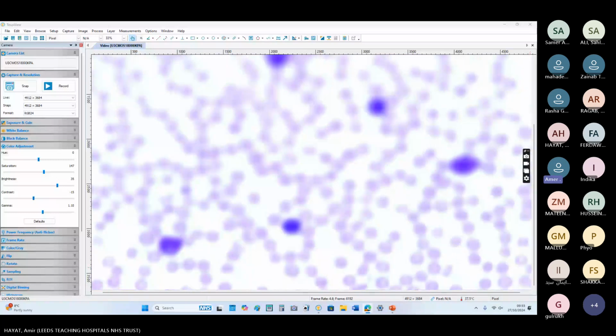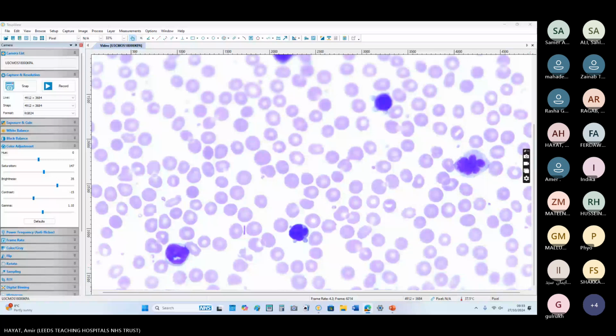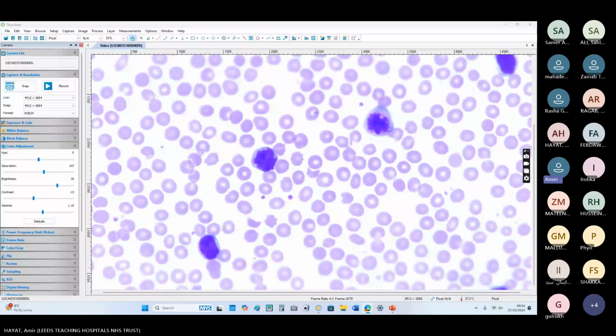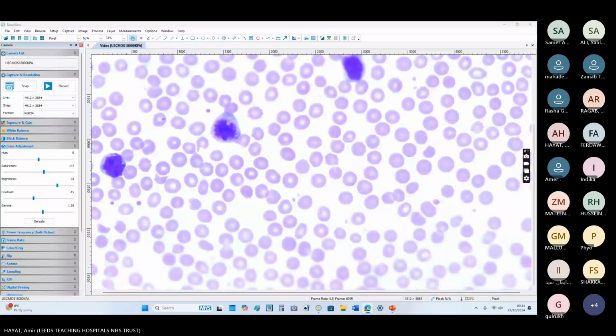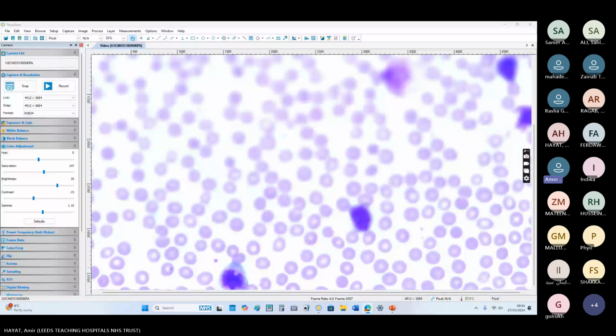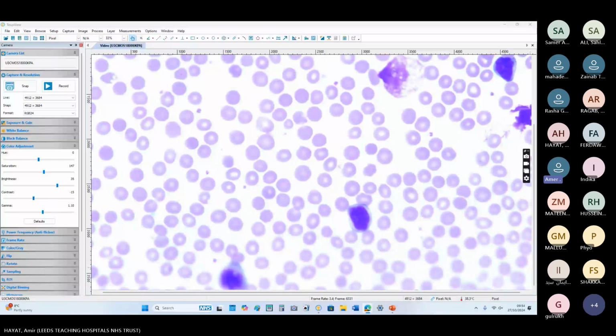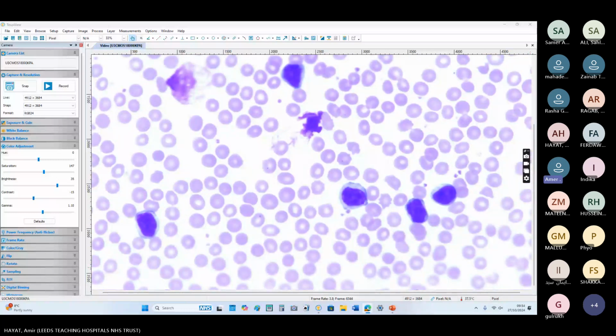Clinical hematologist or lab scientist? Who was that? Who was speaking? Okay. All right. So this patient has a high white cell count, and as the candidate mentioned, there are many smear cells as well.